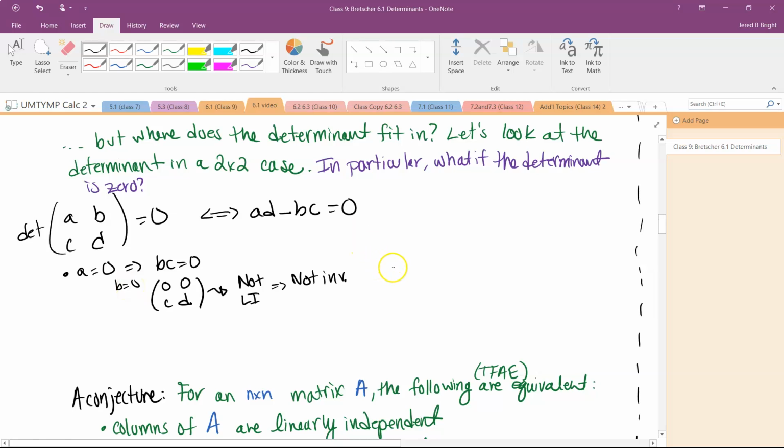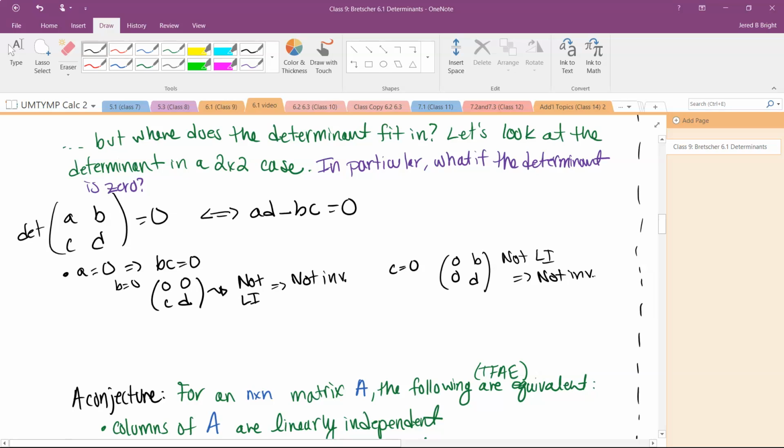And if I look at the case where C is 0, then I have zeros in the first column, and then I have BD, right? But then this also is not linearly independent. So that also means that it's not invertible. Okay, so I can't have this.